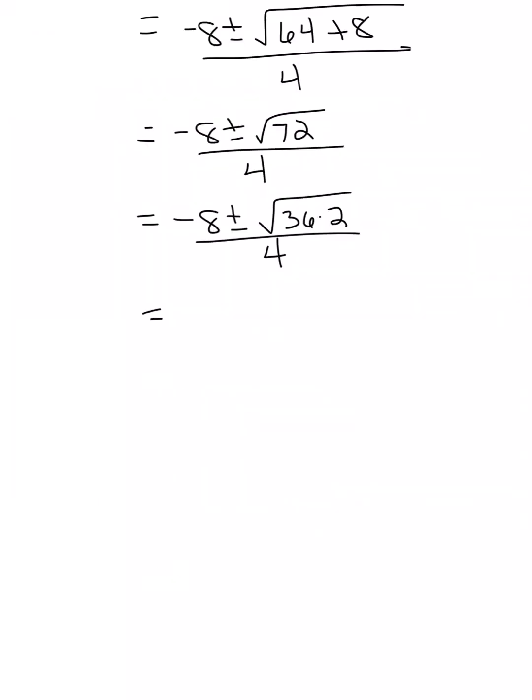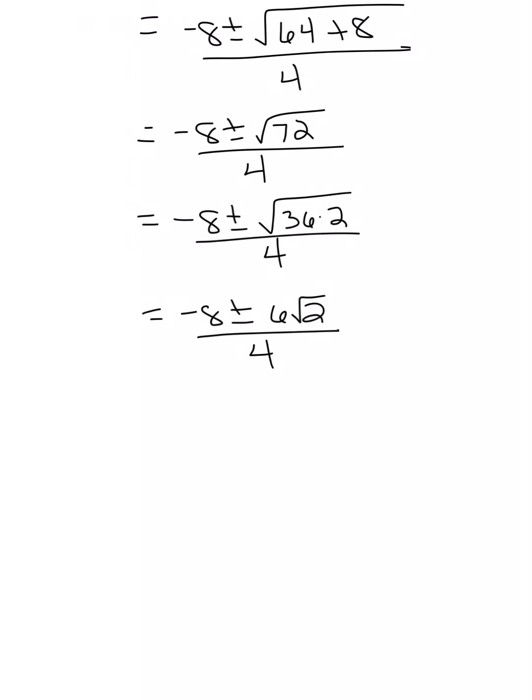This now gives us -8 plus or minus the square root of 36 is 6. We're going to leave square root of 2 in the radical over 4. What's different about this problem is when you look at all of the numbers outside of radicals, they all divide by 2. So we have to simplify them all.